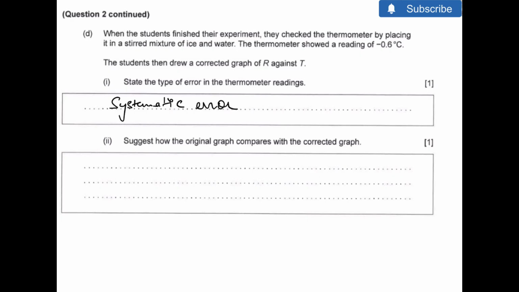We know the reason for this error, so we will classify this as a systematic error. Okay, and in this B part, we have to compare how the original graph compares with the corrected graph.